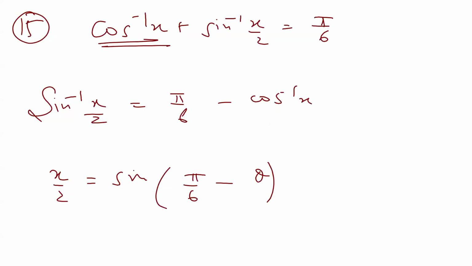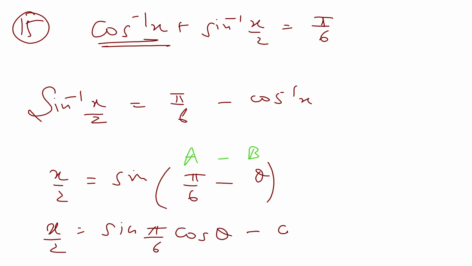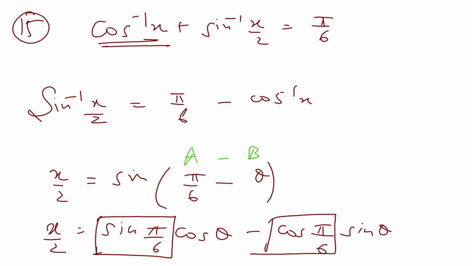We'll use the formula of sine A minus B. Okay, so that is sine A cos B minus cos A sine B. So this is sine 30 cos theta minus cos 30 sine theta.